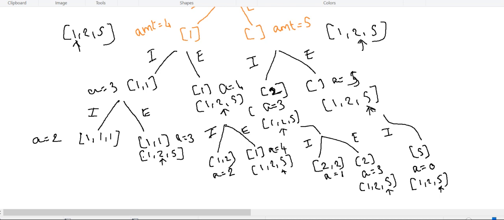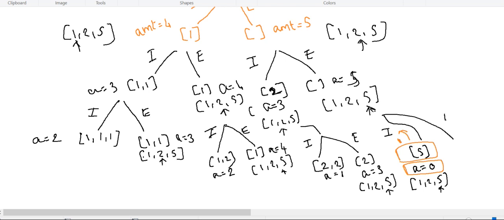But now we reach here, so we have one base case. When my amount becomes 0, that means I have found one combination that adds up to that amount, and that combination is 5. So from this step, I'm going to return 1. I found one combination, so I'm going to return 1.